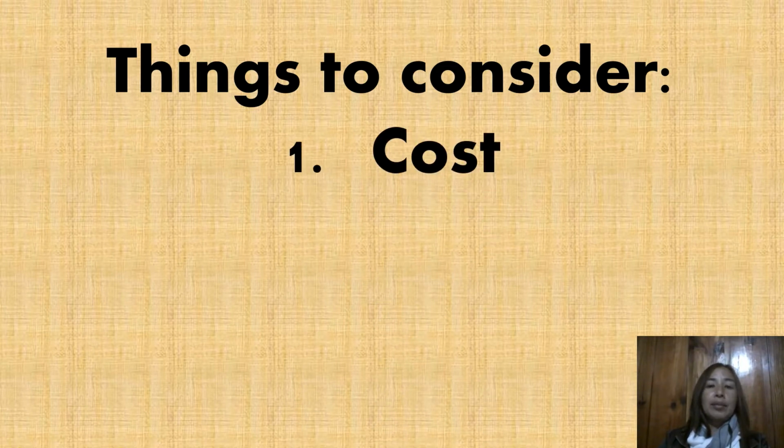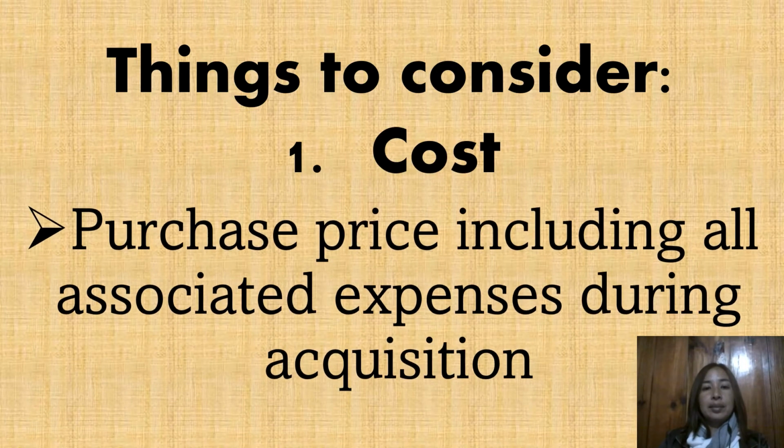We have the cost, that is the purchase price, including all associated expenses during acquisition. Ibig sabihin nun, kapag sinabing cost of an equipment or cost of a fixed asset, that is yung pinambili mo plus yung mga ibang ginastos mo para makuha mo yung bagay na yon.